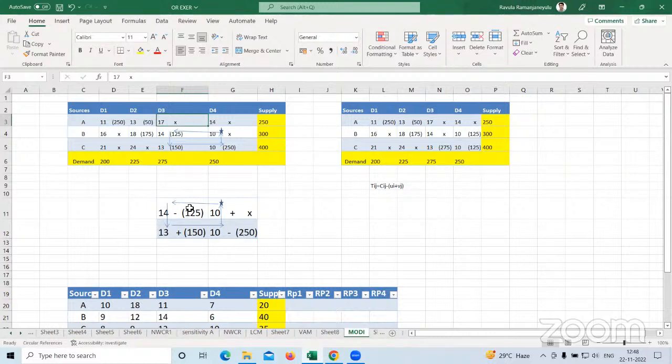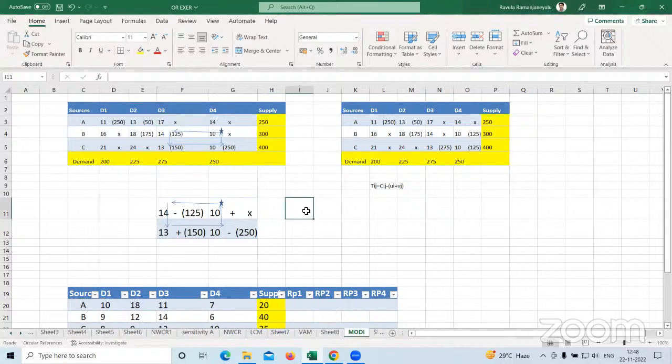We got minus in two cells, right? In these two cells, the least number of units is to be subtracted from these minus cells. So 125 is subtracted from this cell as well as from this cell, and the same 125 is added to the plus sign cells, here and here.